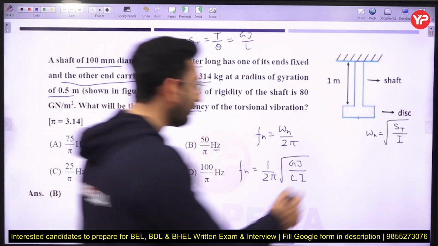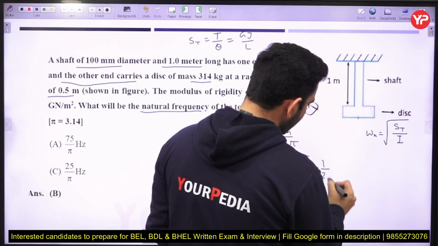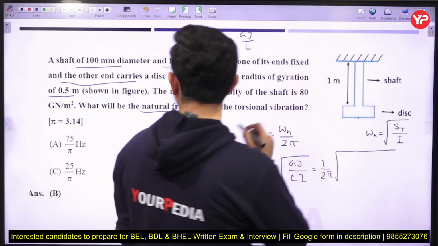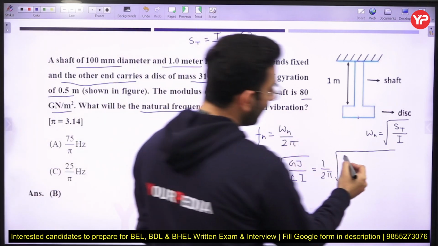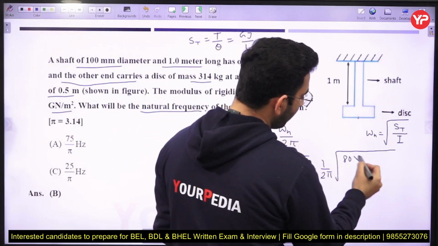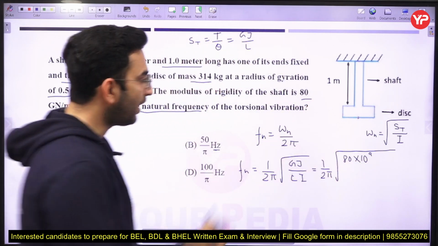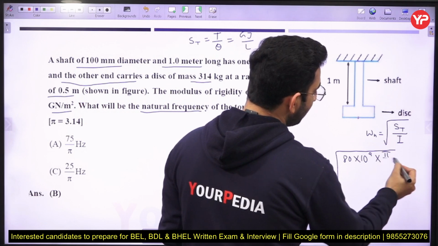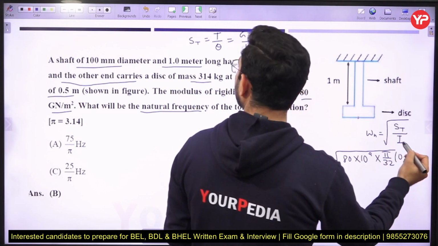So if you put all the values into this expression, 1 by 2 pi, now the value of G is given to you as 80 giganewton per meter square. So we can write its value as 80 into 10 to the power 9, and the value of J is the polar moment of inertia, which will be equal to pi by 32 d to the power 4.